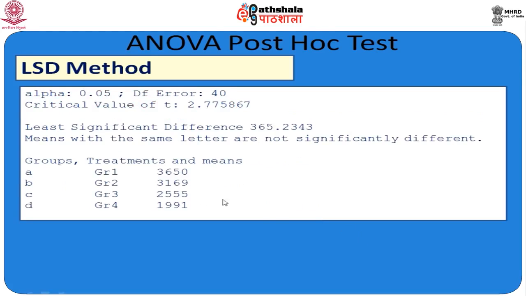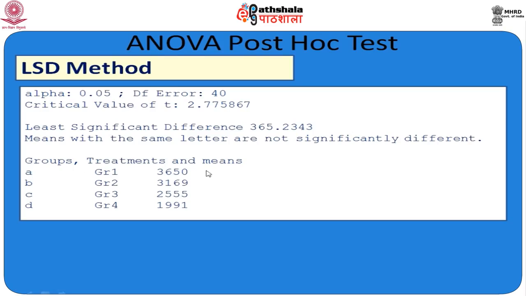Just have a look. Means with same letter are not significantly different. That means when you are comparing the mean between group 1 and group 2, you carefully compare the letters in this table.